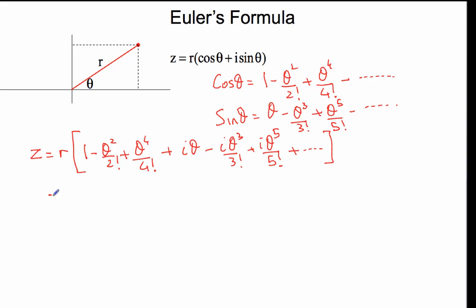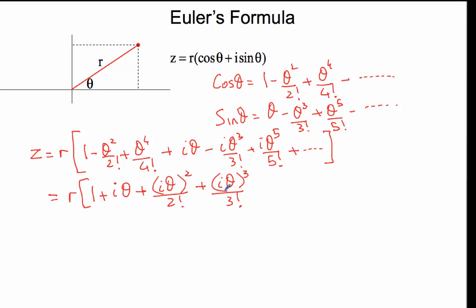Now, write this in the following form. I'm going to write this as 1 plus i theta. So I'm just bringing the i theta over here. Plus i theta squared over 2 factorial. And I've done nothing wrong because i squared, or iota squared, is minus 1, and so that's the minus sign over here. And then the next term I'm going to write is i theta cubed over 3 factorial.